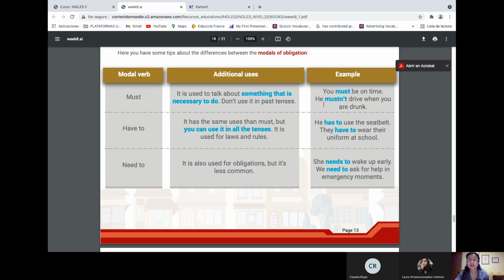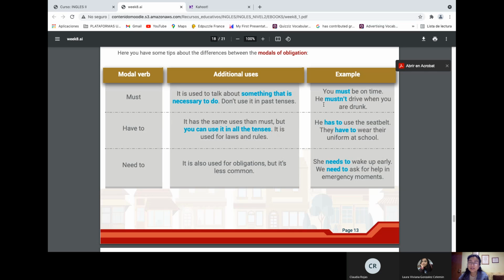Example 1 and example 2, the sentences. You must be on time. He must drive when you aren't drunk. Okay. Remember, Laura, to say you must. The pronunciation is: you must be on time.